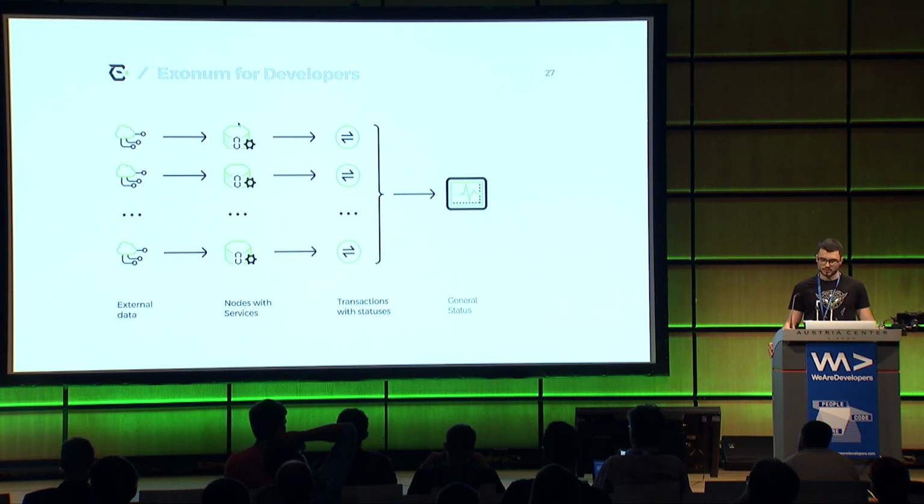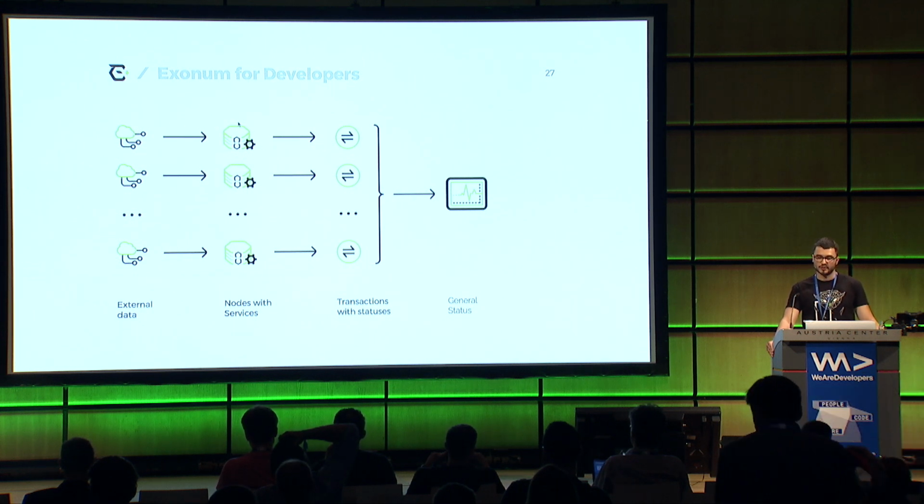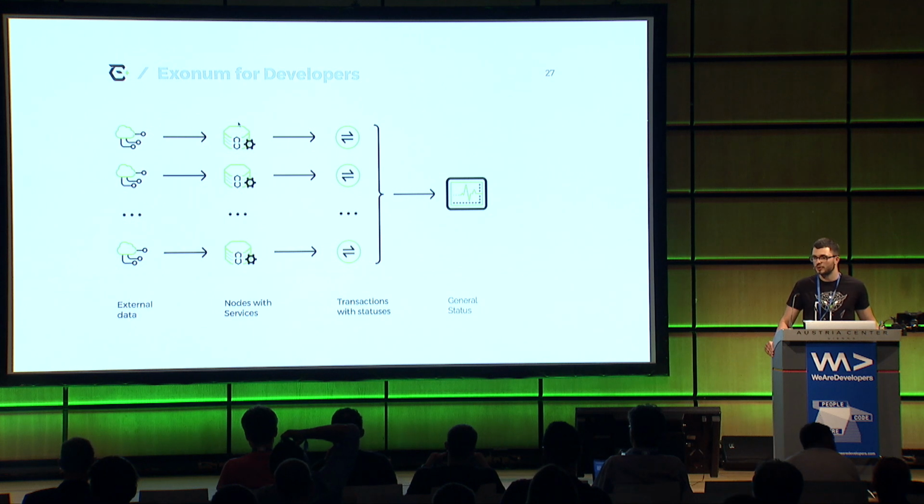After that, nodes with corresponding services gather this data, each from its own data source. And after transactions are executed, we have a general status of time that goes to the corresponding block as a timestamp.